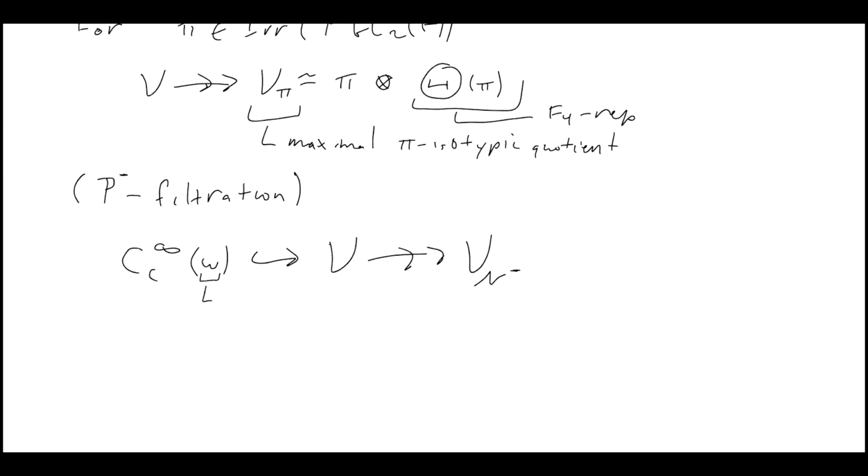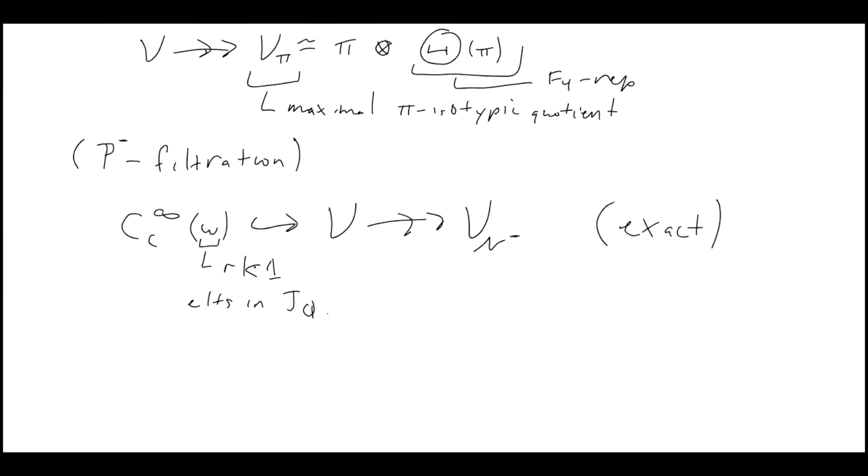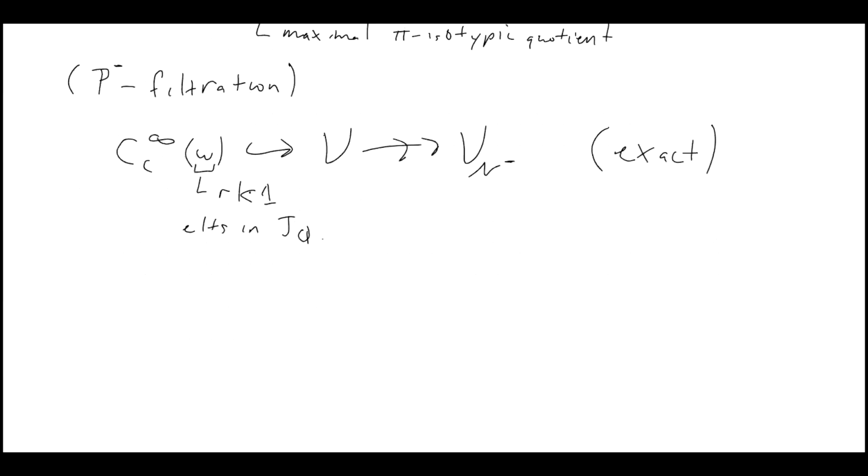And omega is just the rank 1 elements in J, our Jordan algebra. This sequence is an exact sequence of P minus representations, and as a reminder, this is sort of like a partial Schrodinger model.